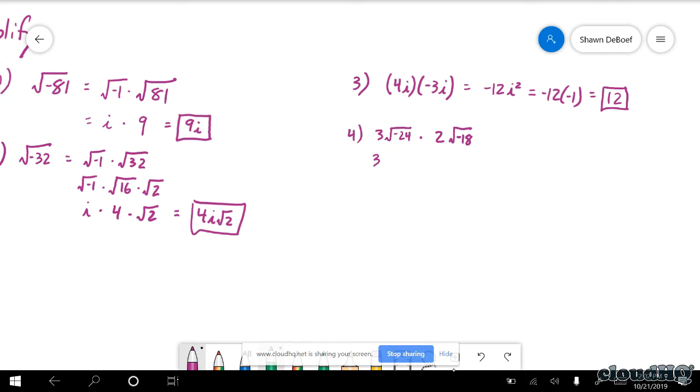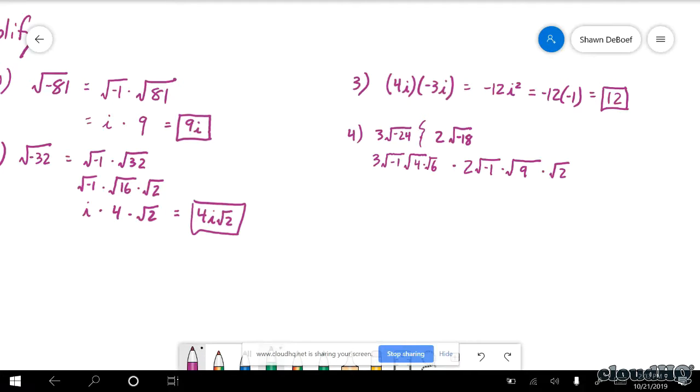So let's break apart the first part, the 3 times square root of -24. So I'll have my -1. How can I break 24 apart? Is there a perfect square that's a factor of 24? 4 is, and then you'll be left with a 6. And then times, let's do the same thing with the 2. So we have 2, and then it was -18, so that's -1 times. How can we break 18 down? 9 times 2.